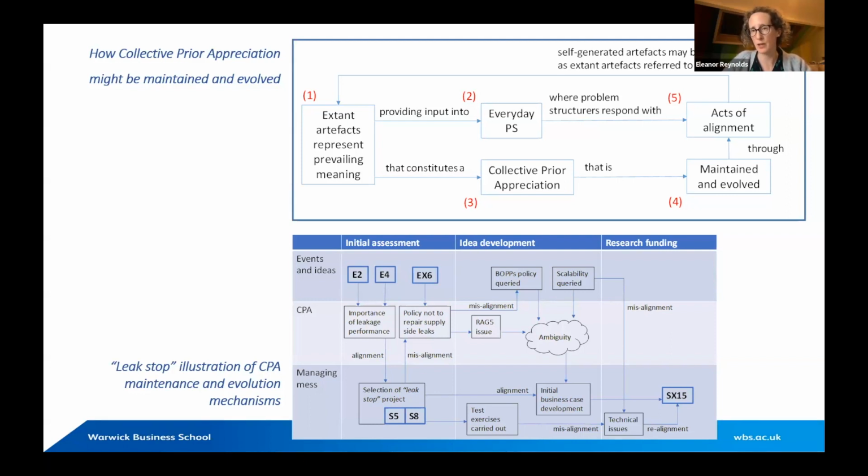Through these acts of alignment, people support or detract from existing ideas and existing perceptions, and in fact may produce self-generated artifacts that could become the influential extant artifacts of the future.